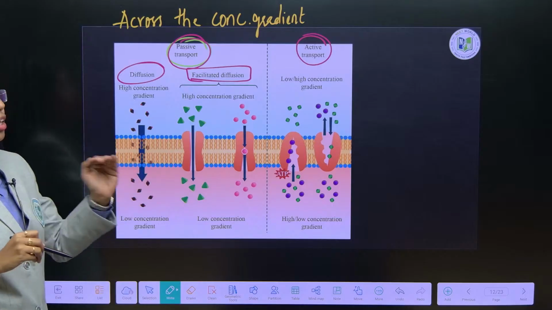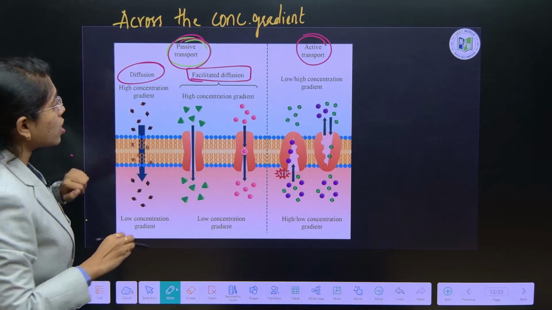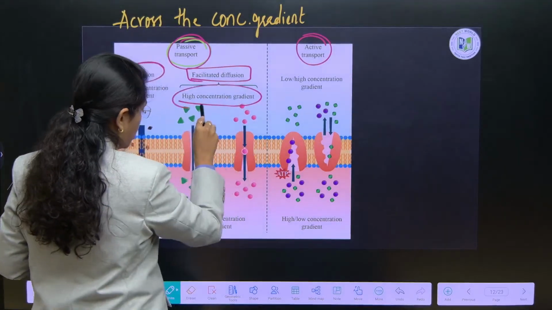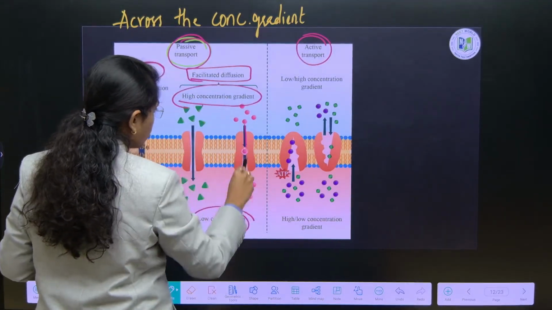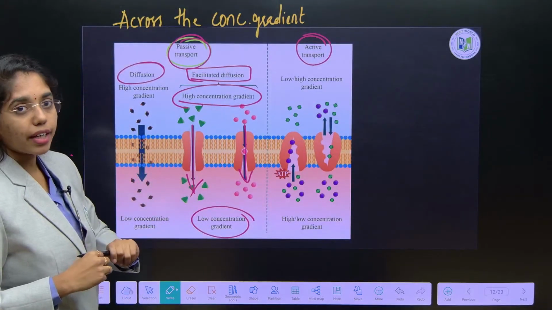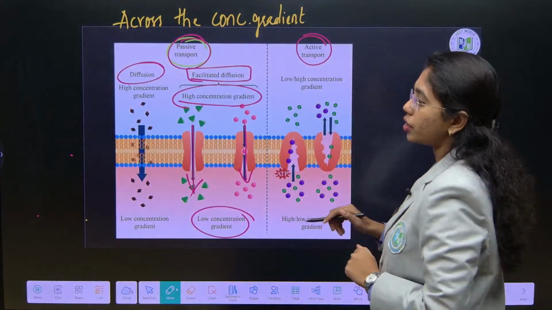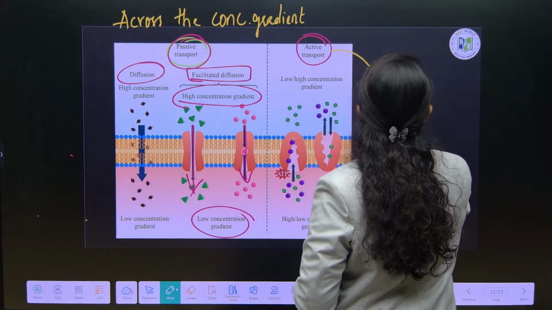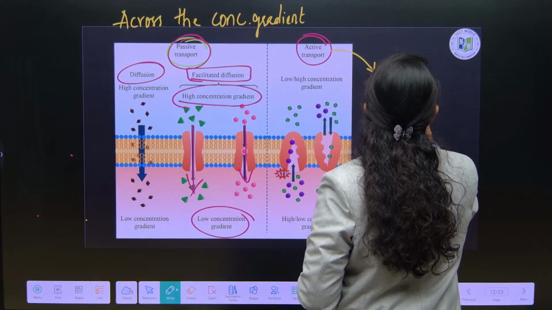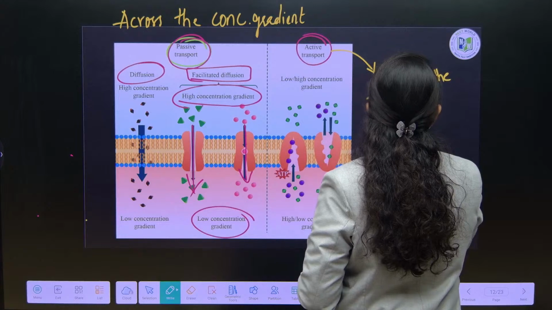Along the concentration gradient, the molecules will move from higher concentration to lower concentration. And if you see the active transport, this is against the concentration gradient.